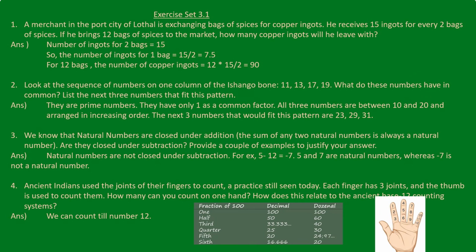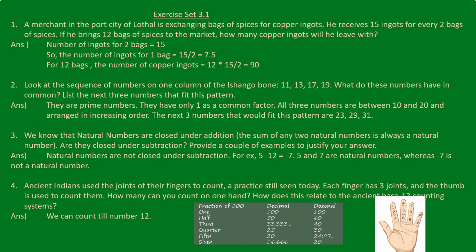So it indicates that all these 4 numbers are prime numbers. They lie between 10 and 20, and the next 3 numbers that would fit this pattern, what are the next 3 prime numbers after 19? They would be 23, 29 and 31.